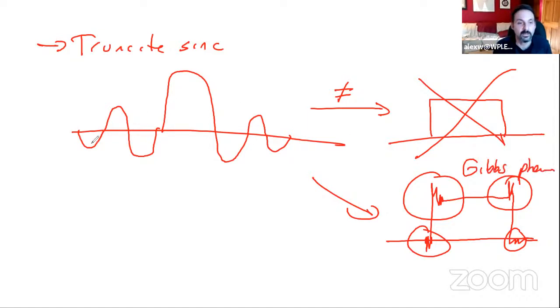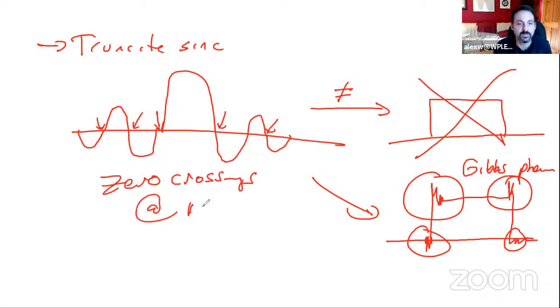So that's the Gibbs phenomenon. And then here as well, if you truncate the sinc, you're not going to get this perfectly occurring at integer multiples of Ts. You just won't get 0 crossings at multiples of Ts? Nope.